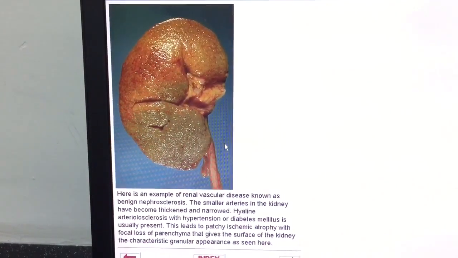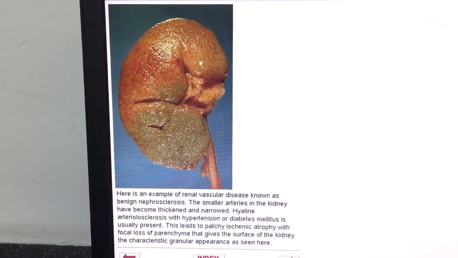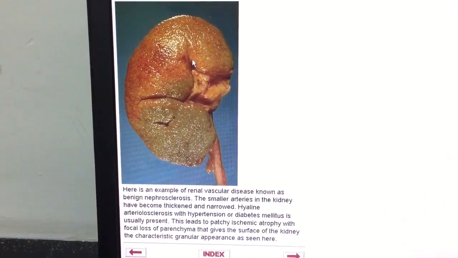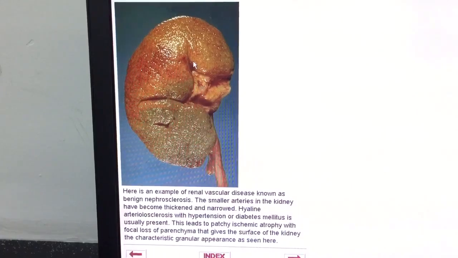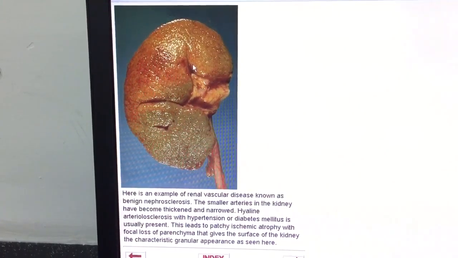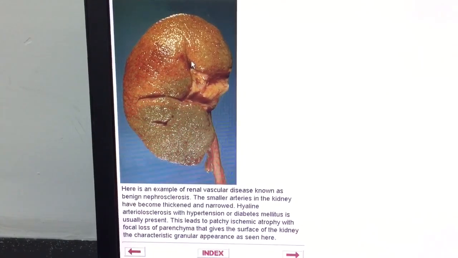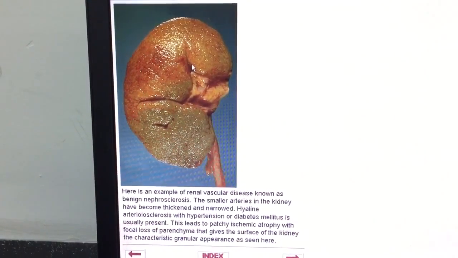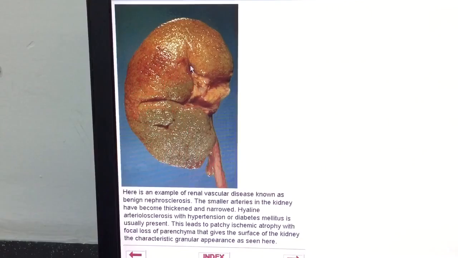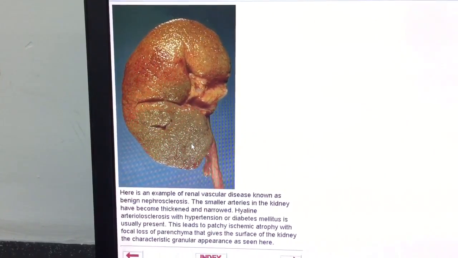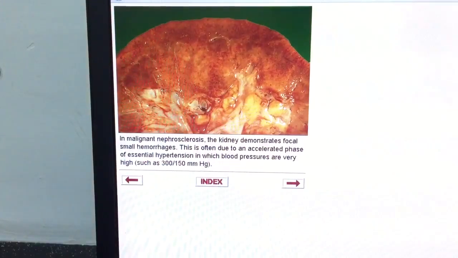This kidney has a fine granular outer surface. It is an example of benign nephrosclerosis, which occurs as a complication of diabetes and hypertension due to patchy ischemic atrophy of the renal parenchyma, leading to formation of dimples and this fine granular appearance of the capsular surface.